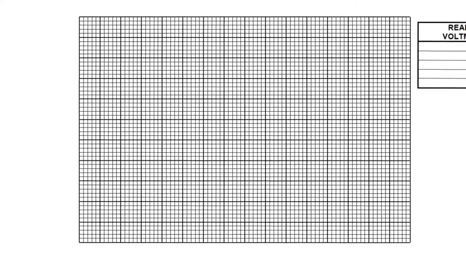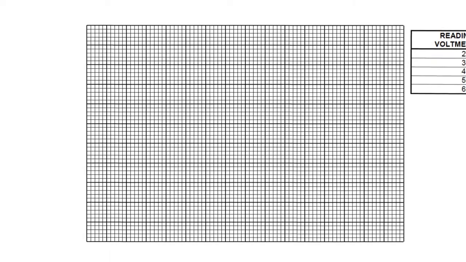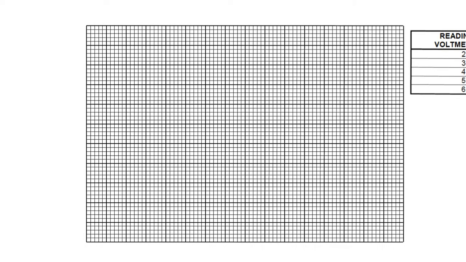So let's start off now with laying out the graph, with looking at the title of the graph as well as the labels of the axes and the scales. So first things first, we're going to give this graph a heading.